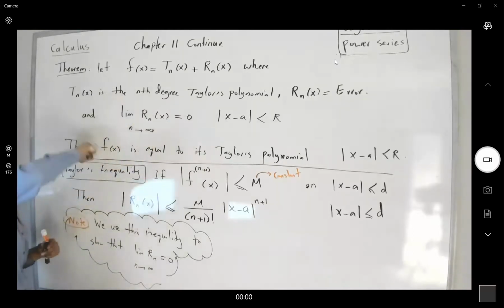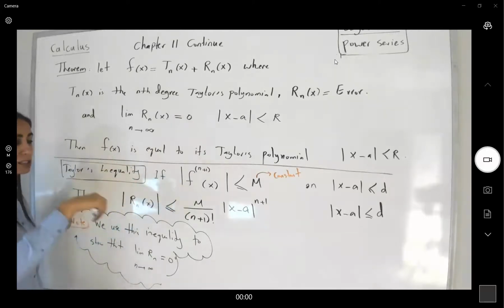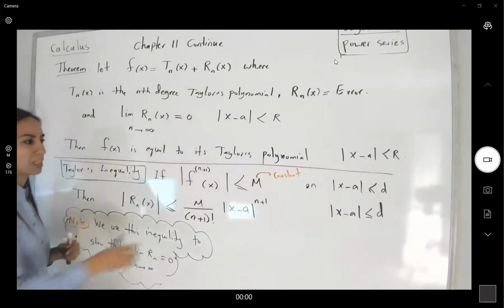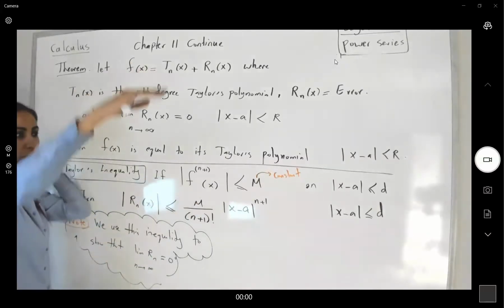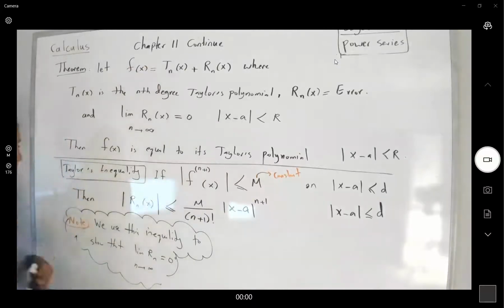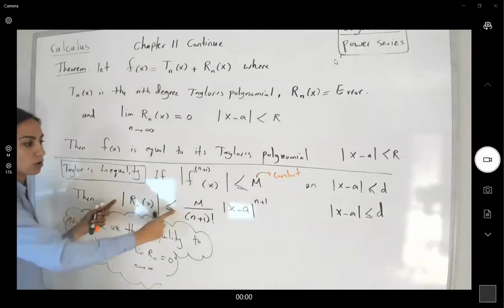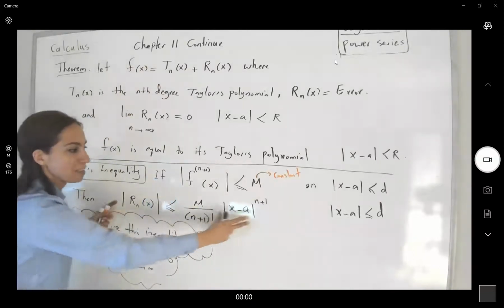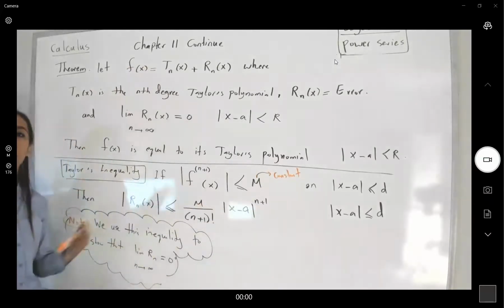But to show that the limit is equal to 0, we have to use Taylor's inequality, which says if the absolute value of the higher derivative of the function is less than or equal to M, bounded above by a constant function, then the absolute value of Rn, the error, is less than or equal to M, which is a constant, over n plus 1 factorial times the absolute value of x minus a to the power n plus 1.